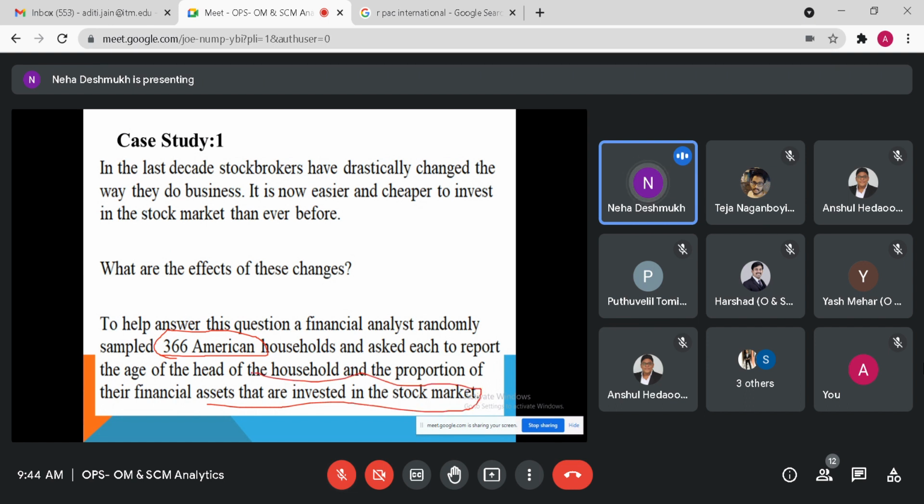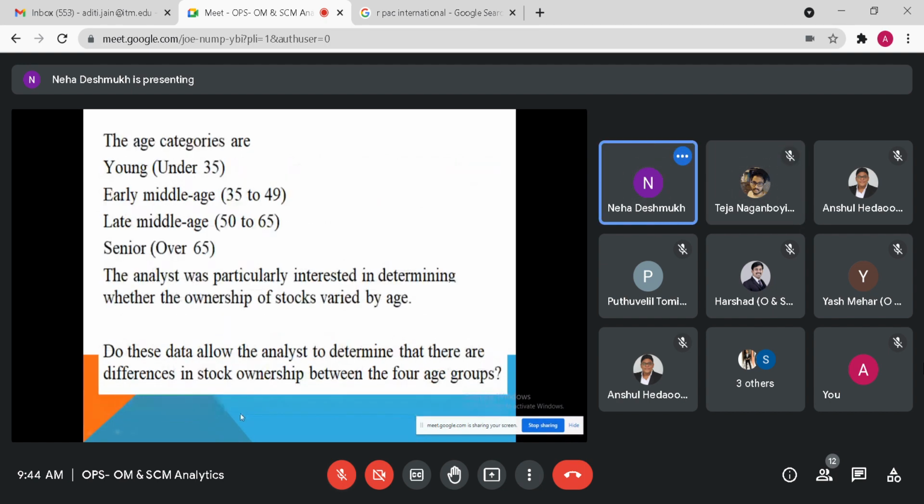Is this clear? Now, these are the categories. The analyst was particularly interested in determining whether the ownership of stock varied by age. So these are the age and category.